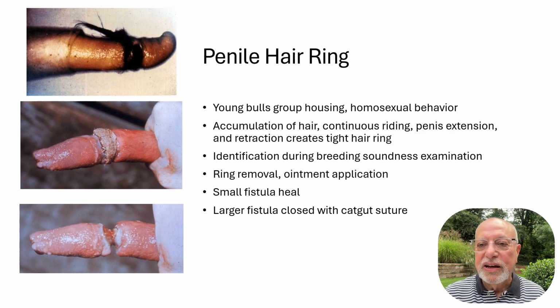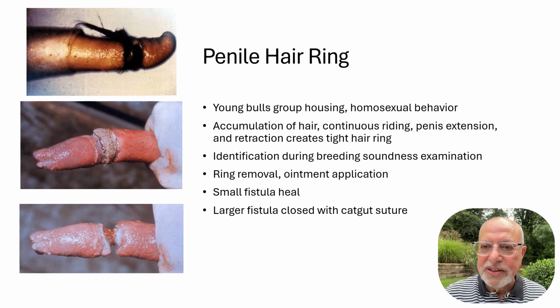So these animals are then reluctant to breed, and in fact they have a painful situation when the ring is pretty tight. How do you find out? Well, this animal is not able to get the penis out. You can see it very easily when you do the breeding soundness examination. Gently pull this penis out and you will see the ring.